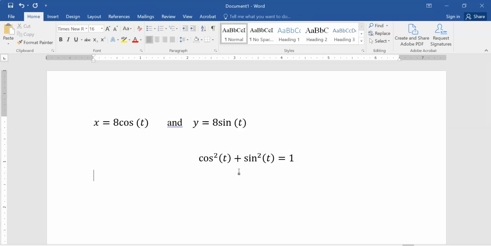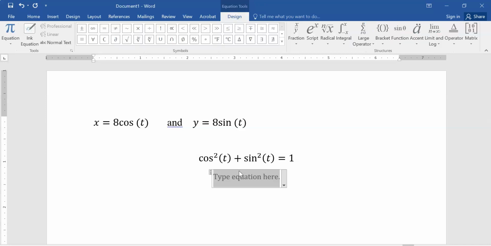So when I plug cosine of t in, I'm thinking of it as cosine of t quantity squared plus sine of t quantity squared equaling 1. So that's how I'm going to think about it when I plug things in.